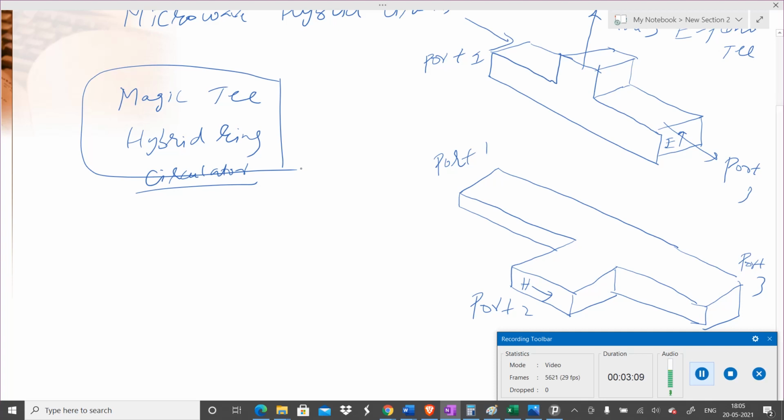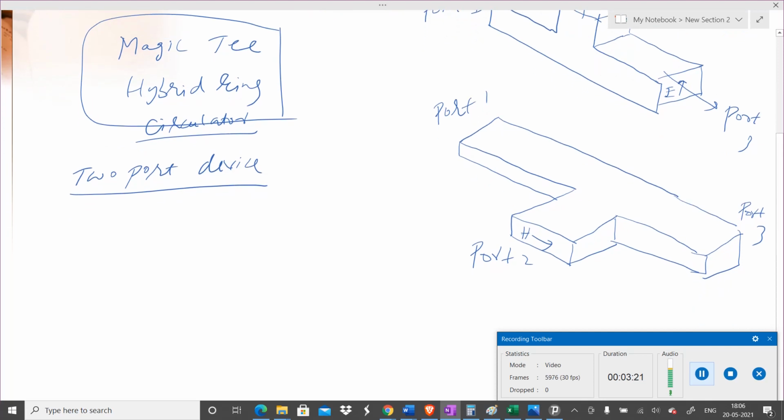Let me recall the two-port device from network theory. Any device can be a two-port device. It can be a simple amplifier, an amplifier coupled with some other circuits, or even a simple RLC circuit, and with the help of these two-port parameters, you can characterize the circuit.